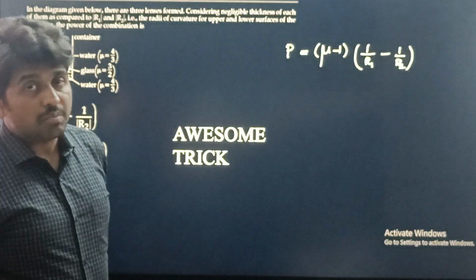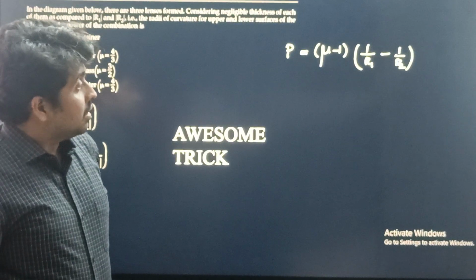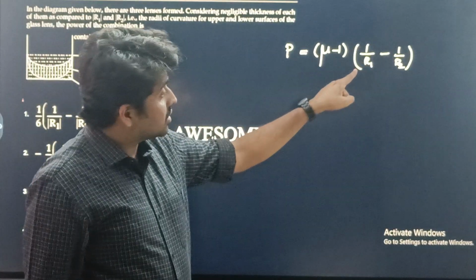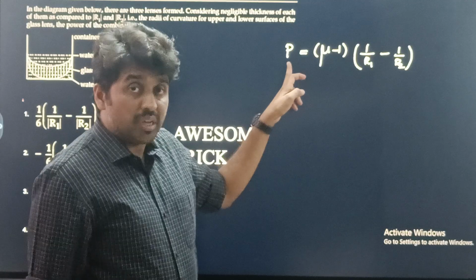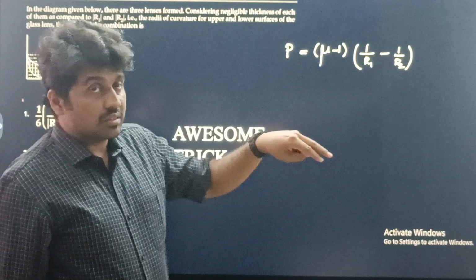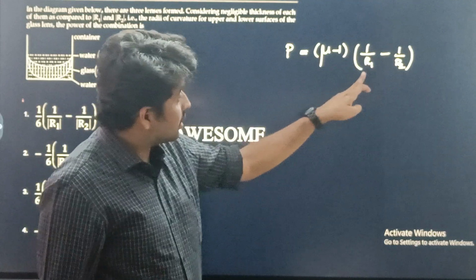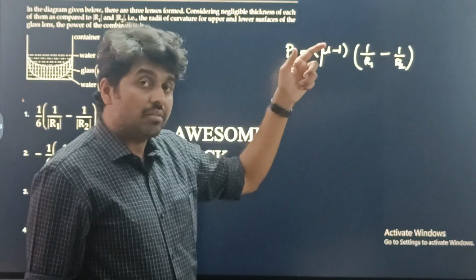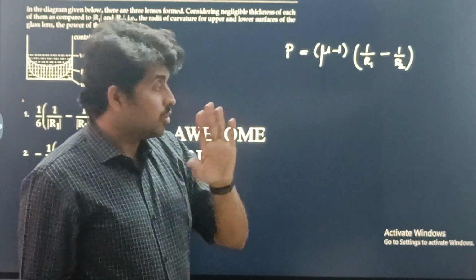If the radii of curvature are the same, the power will be 0. If we have two lenses of the same R1 and R2, the lens which has more refractive index will have more power. So we'll be using that here.